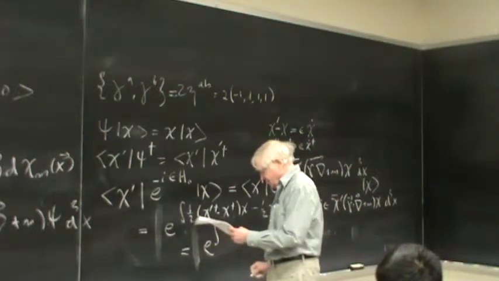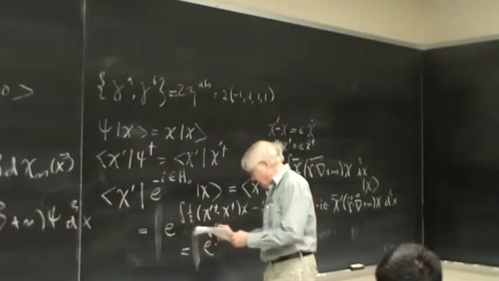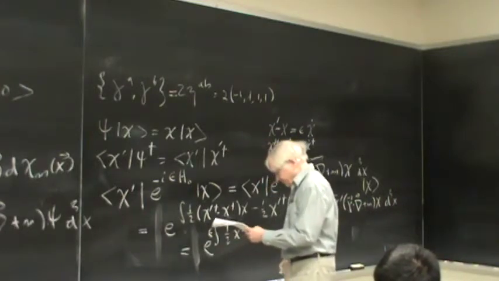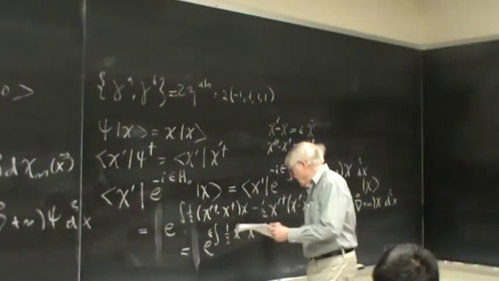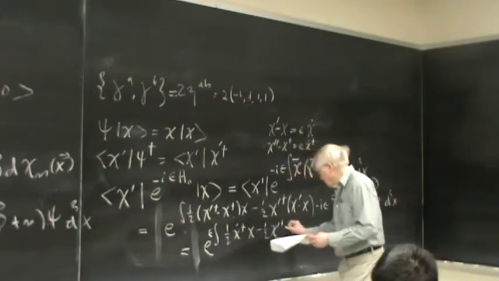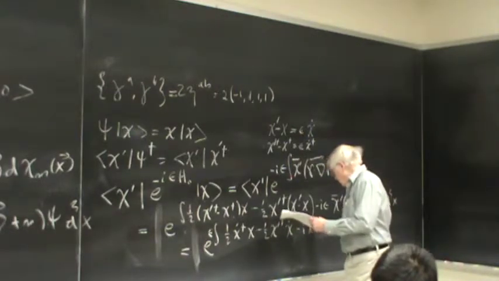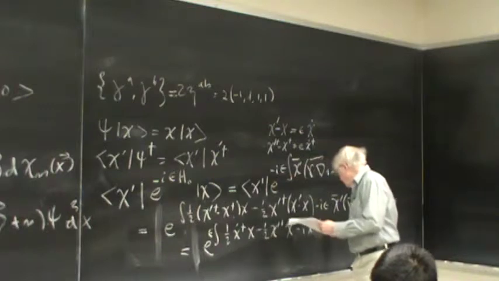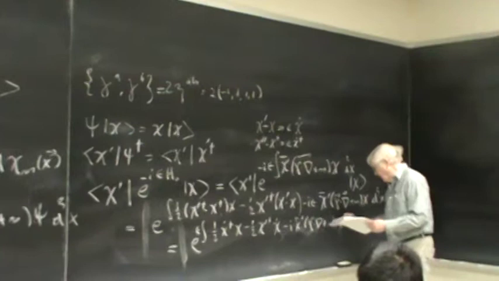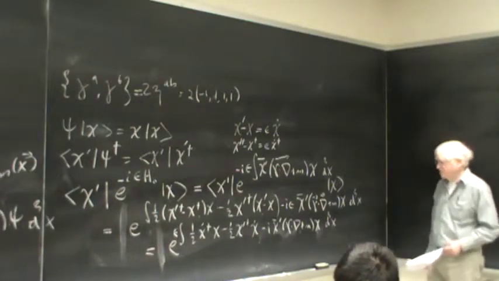Anyway, so this is then an integral of, in fact, we can pull out the epsilon, and then we have a half chi dagger dot chi minus a half chi prime dagger chi dot minus i chi bar prime (gamma dot grad plus m) chi, all that d cubed x, and it's of course in the exponential.